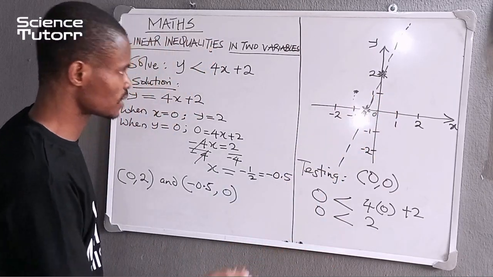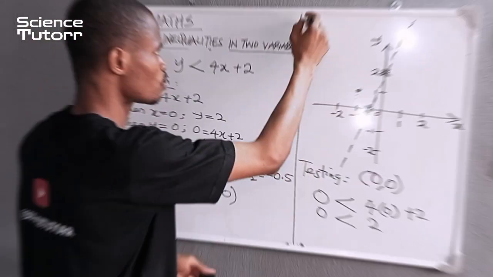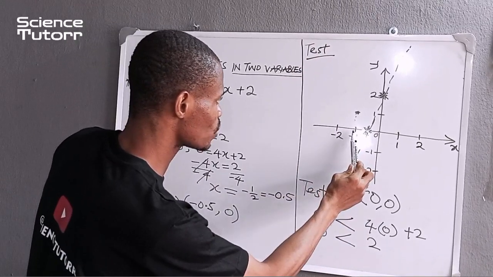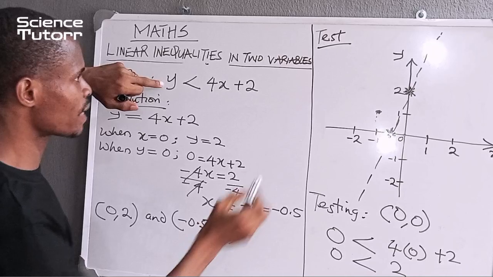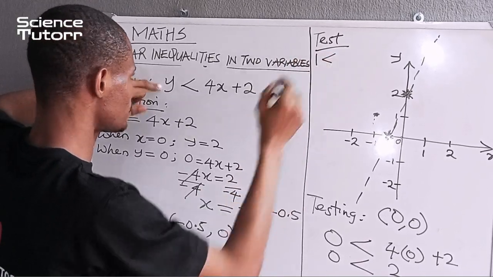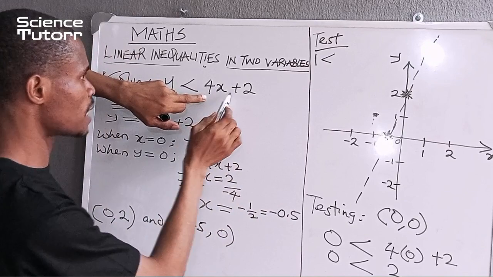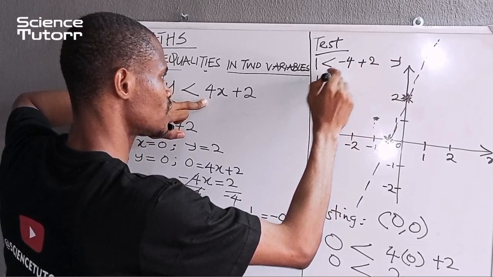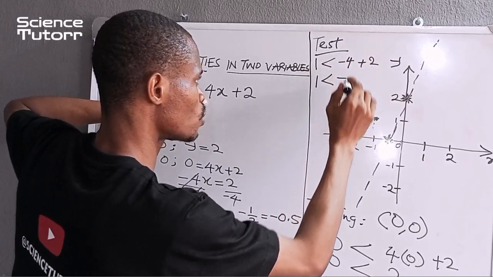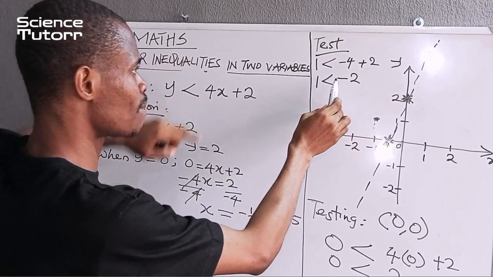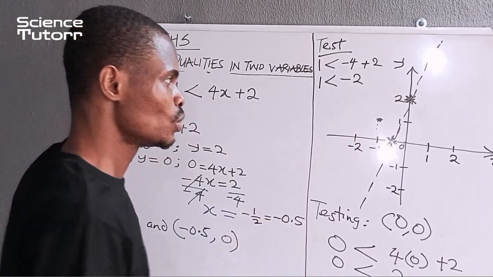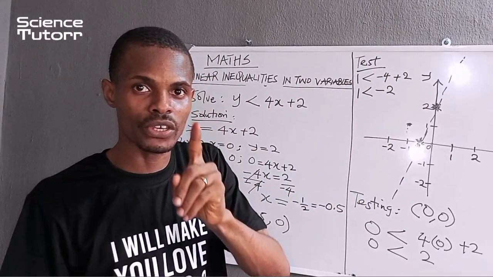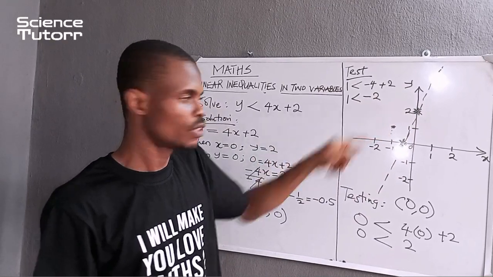So let's carry out the test and see. y is 1, less than 4 times x, which is minus 1. 4 times minus 1 is minus 4, plus 2 is minus 2. So 1 is less than minus 2. That is not true.